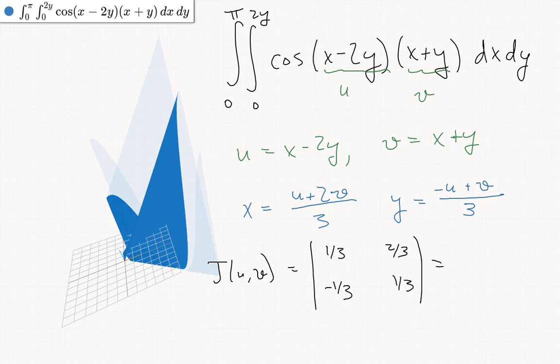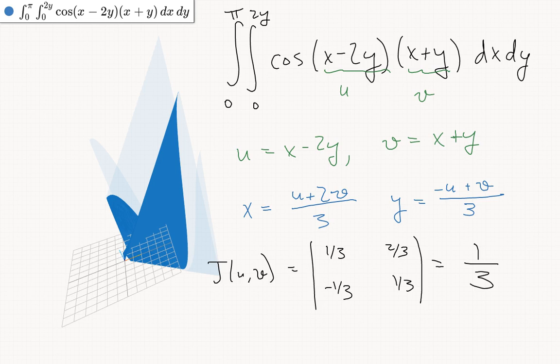So that's 1 over 9 plus 2 over 9, which is 1/3.